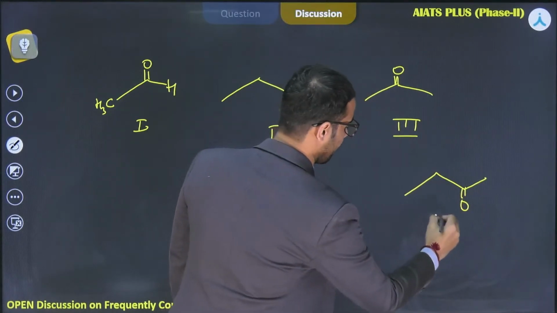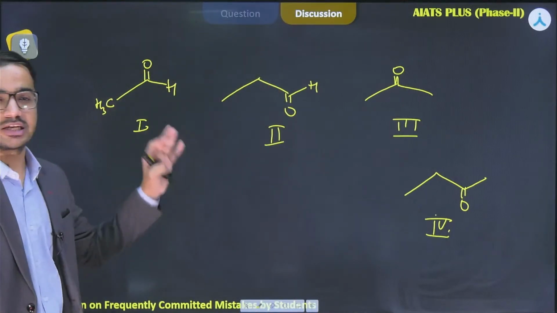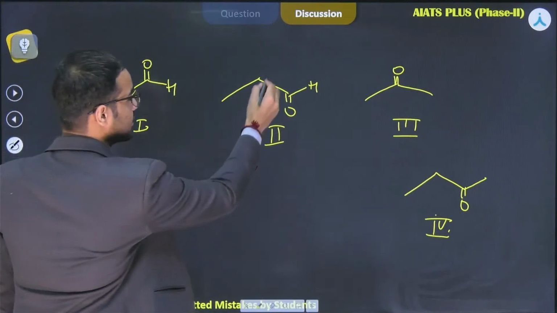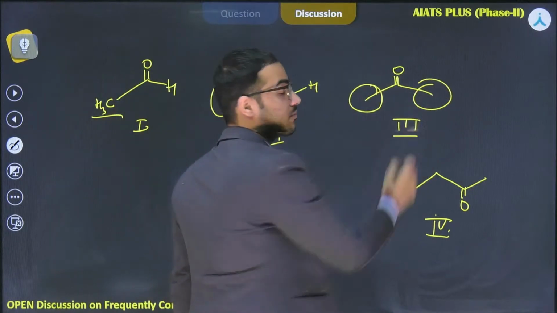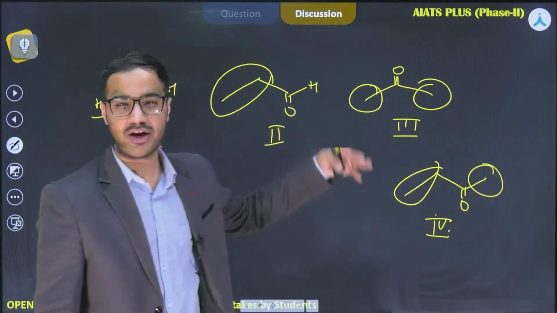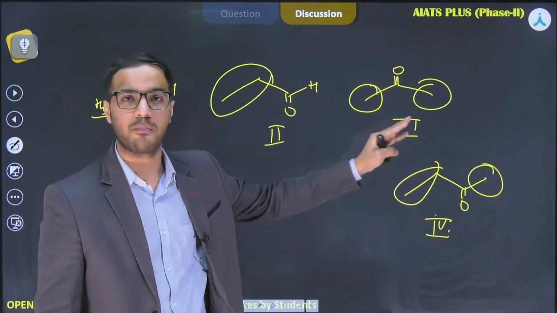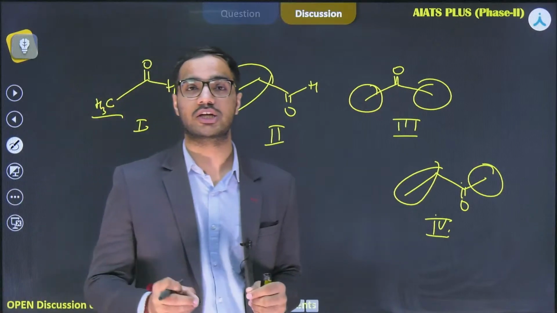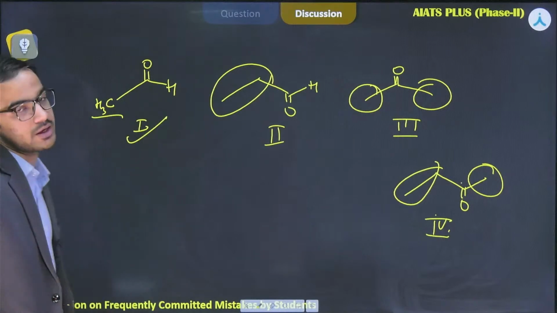We can simply say that the first one is more electron deficient because it has only one CH3, so only the plus I effect of one carbon group. The others have more groups, which cause hindrance and more electron density at the electrophilic center, which makes the rate of nucleophilic addition lower. So option 1 must be the correct answer.